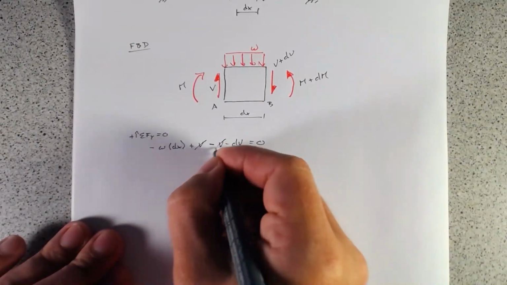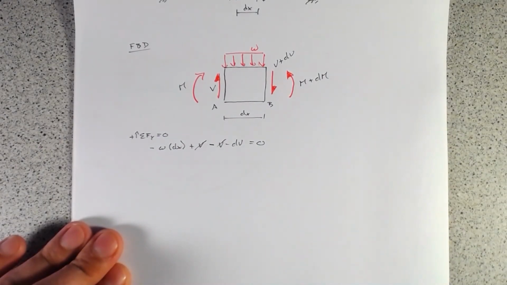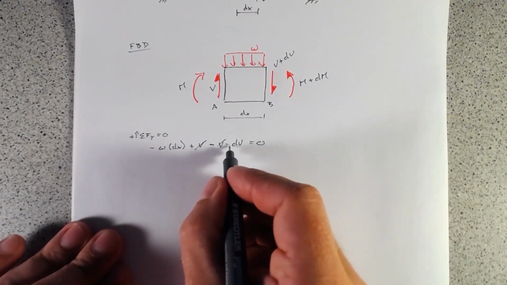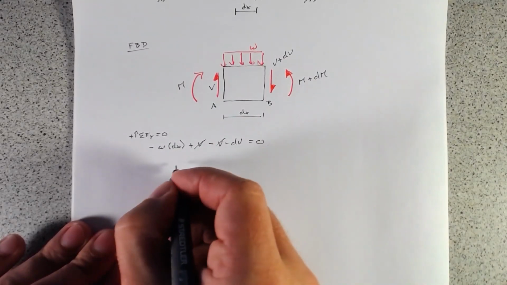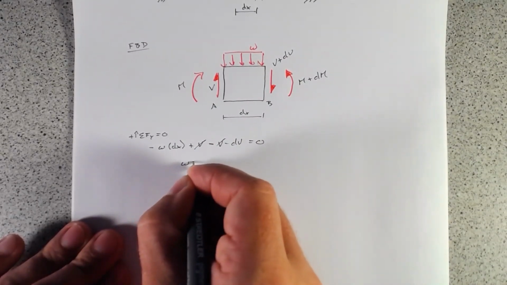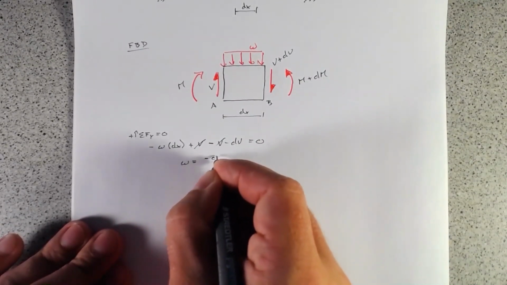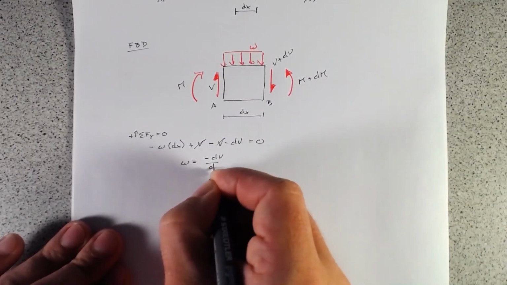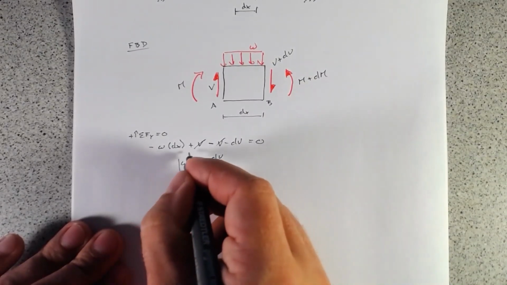So the two V's cancel out, and then we can send this dV over and divide by dx, and then we get W equals minus dV over dx.